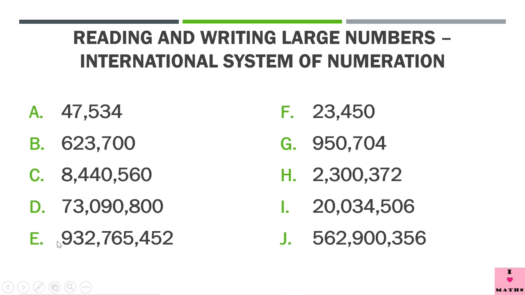Okay, let's read this one. It's slightly bigger. This is millions period. This is thousands period. And this is ones period. 932,765,452.